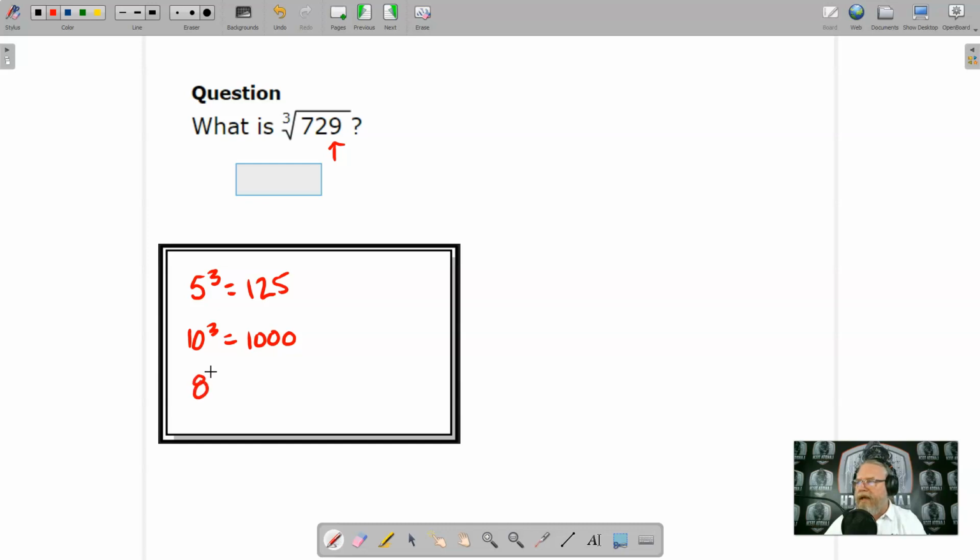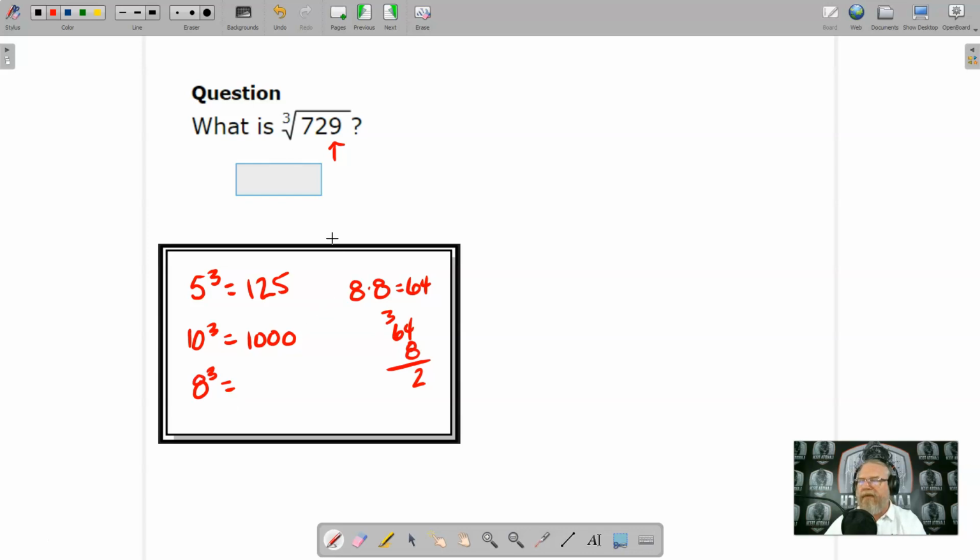Let's go ahead and try 8 cubed. So 8 times 8 equals 64. And 64 times 8. Well, 8 times 4 is 32, carry the 3. Well, that's not going to work either. I have a 9 in that position. So let's go ahead and complete this so we can see what 8 cubed is.